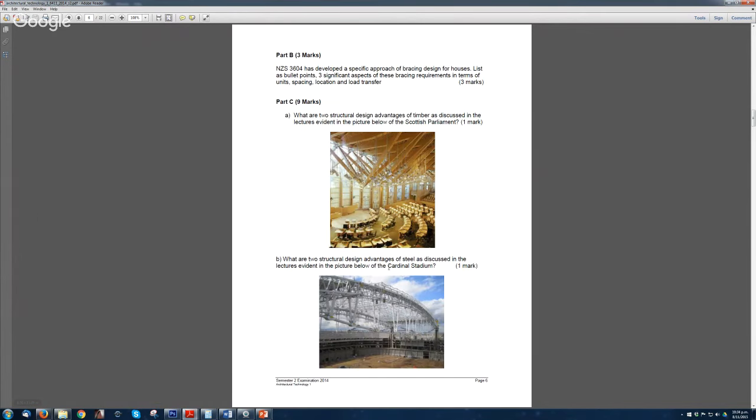So after the advantage of steel, I guess like the span to weight ratio, it's high, so it can have long span. It's sustainable, I guess. You can reuse the steel after.